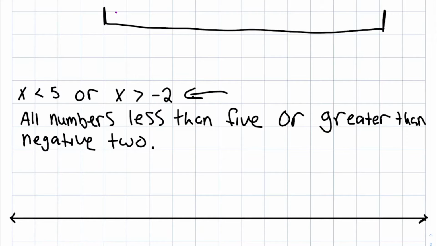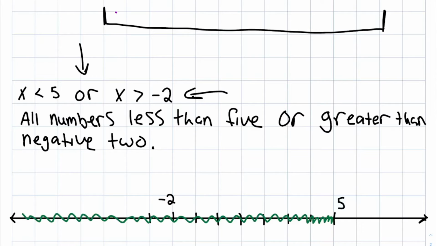So if we have a 5 over here and 4, 3, 2, 1, 0, negative 1, negative 2. So if we are going to graph this, then we're going to put x is less than 5. So I will color that with green. So we are coloring in, and it goes all the way this way. It doesn't stop at 2. Because x can be anything less than 5.